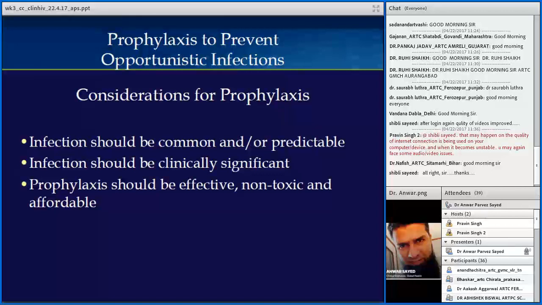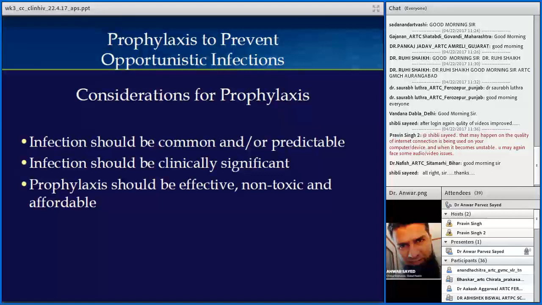Then what has to be considered for the prophylaxis to prevent opportunistic infection? There are some special considerations, like infection should be common and/or predictable. Now you have seen that there are some geographic preferences, not only within the country but also within regions.